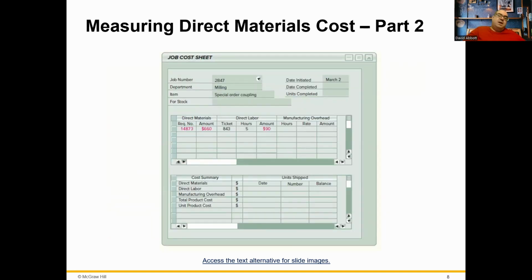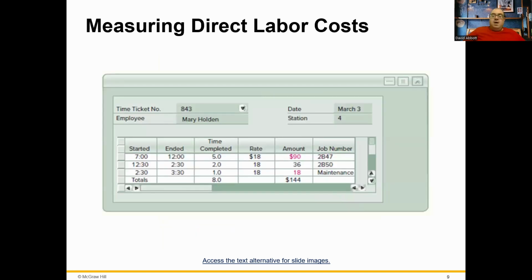Okay, so measuring direct labor. Now, workers use time tickets to record the amount of time that they spend on each job and the total cost that's associated with each job. Okay, right here. This is an example of a time ticket.